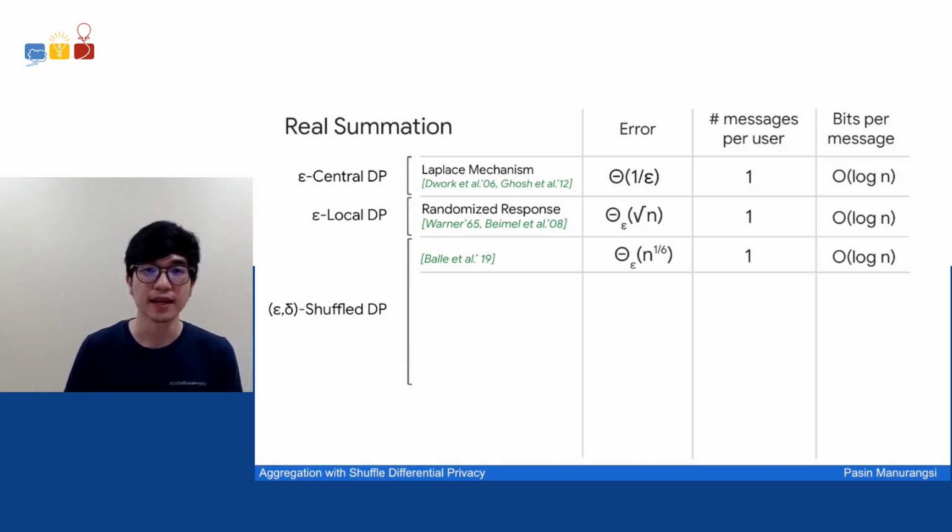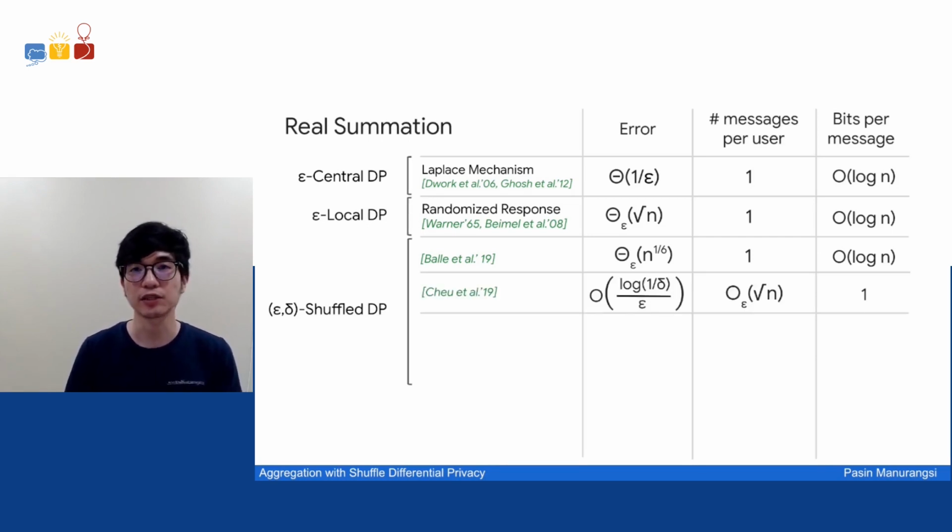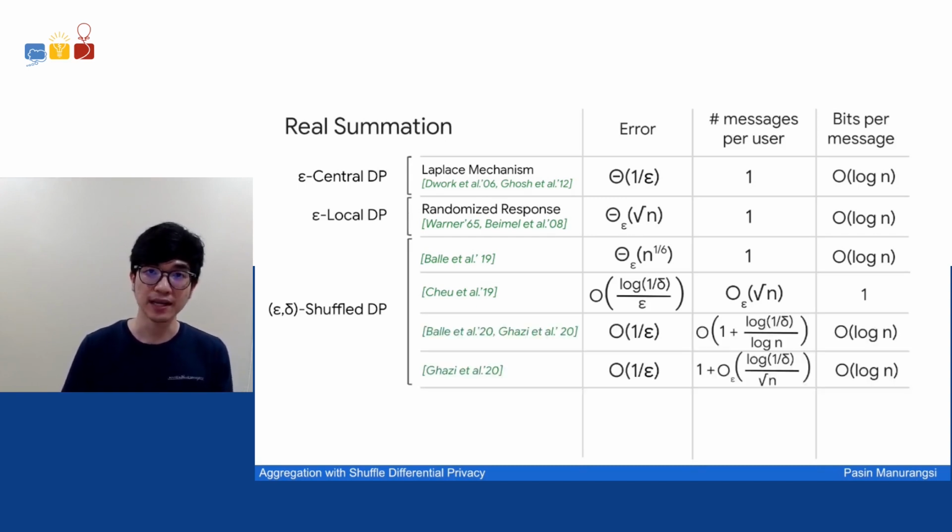But once again, if you allow multiple messages, you can bypass this. So Ghazi et al. show that they can get polylog 1 over delta over epsilon, but they require a lot of messages. And the two works that I told you earlier about counting, it turns out that the techniques also apply to real summation, and they get a fairly similar result to before for real summation as well, except that now the number of bits per message is log n.